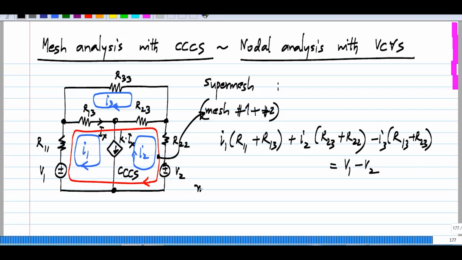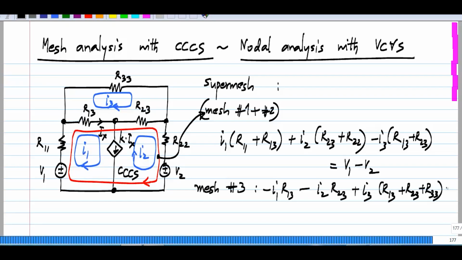And the third mesh is not affected by this. So for mesh number 3, we have the same equation that we had before. This equals 0. Now, the current controlled current source itself introduces another constraint.